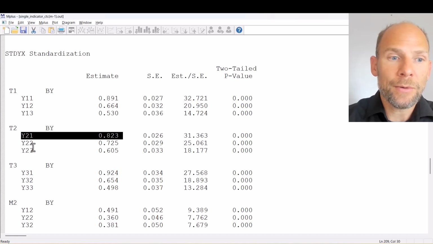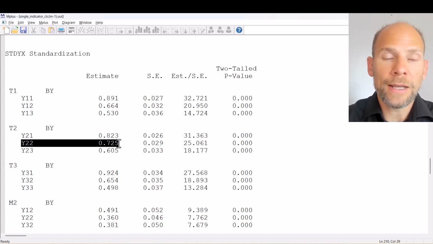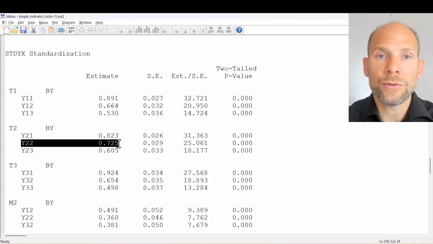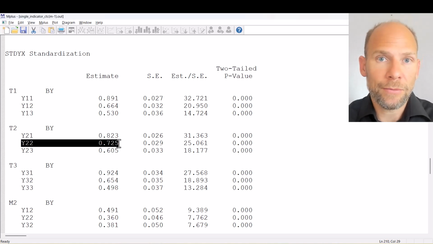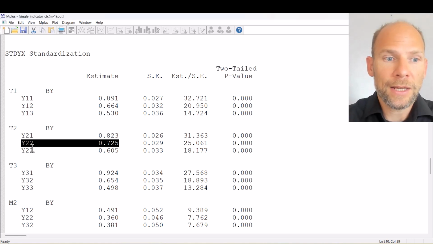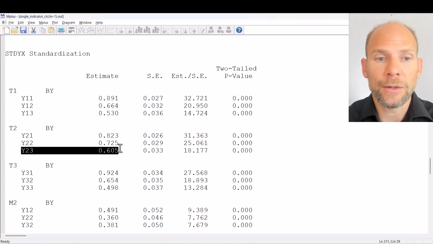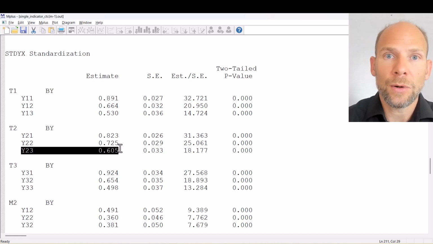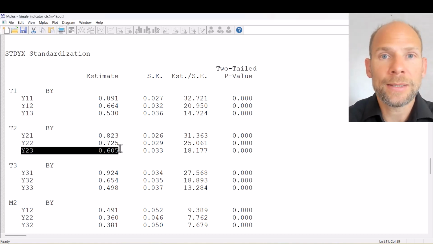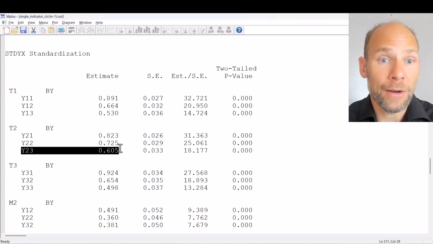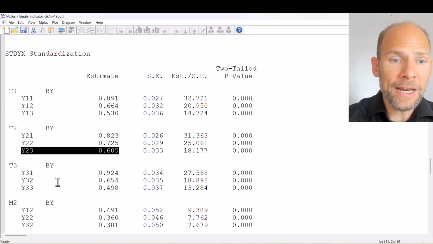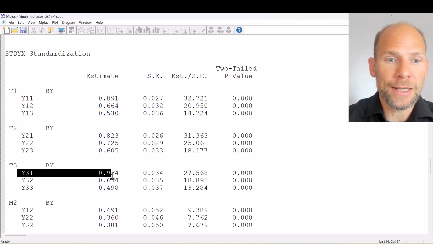And then the parent reports also have a relatively strong loading, 0.725, but again it's smaller than the self-report, indicating that there's some discrepancy between parent-reported extraversion and self-reported extraversion. And the peer report variable has a loading of 0.605, so again showing somewhat weaker convergent validity than the parent reports. And the pattern is pretty similar for the third trait here as well.